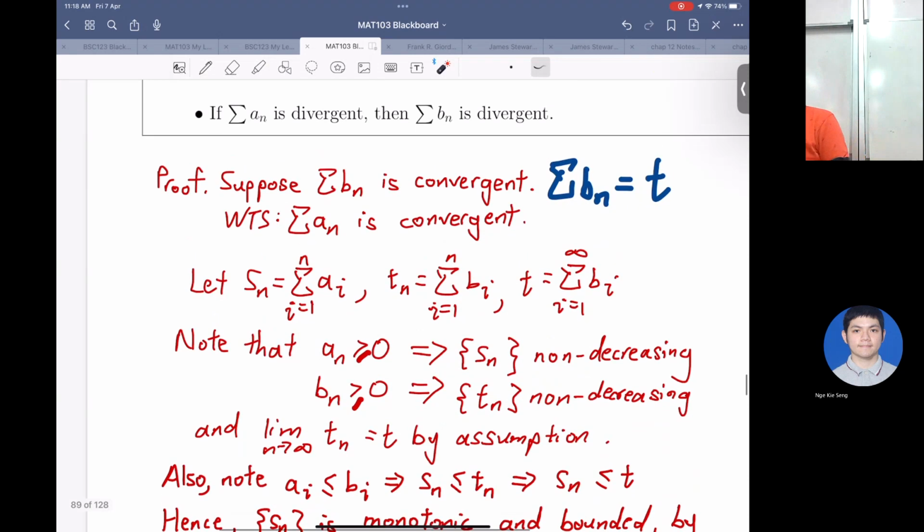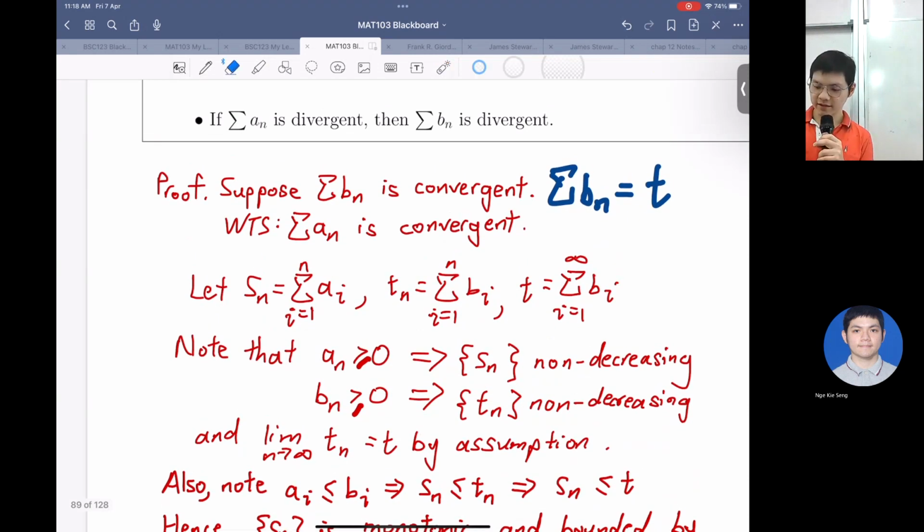Now this Sn here is bounded by T, because every Ai is bounded by Bi. Similarly, the partial sums are bounded.